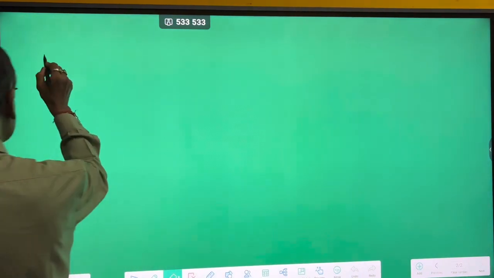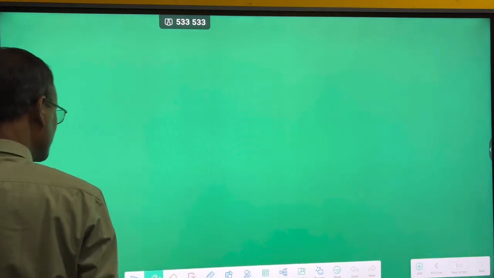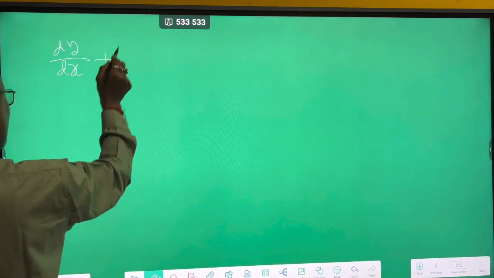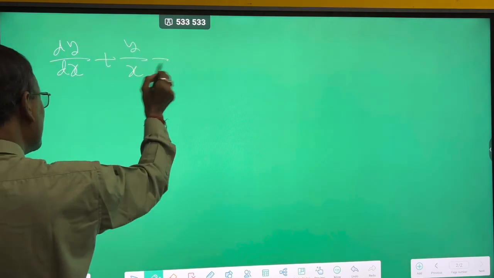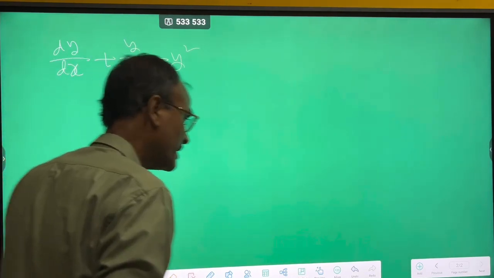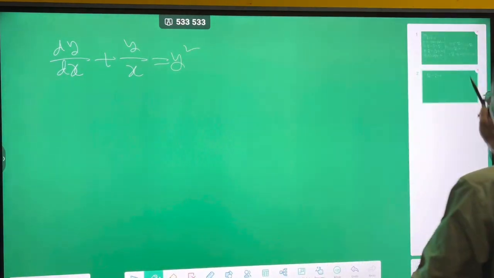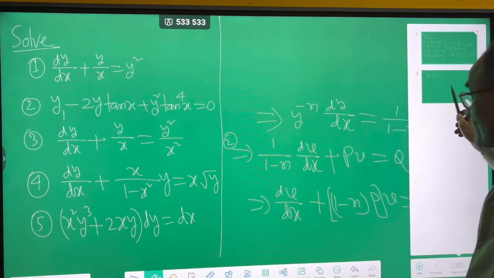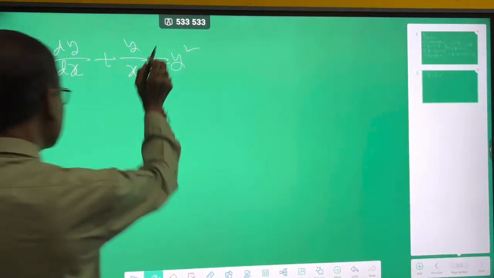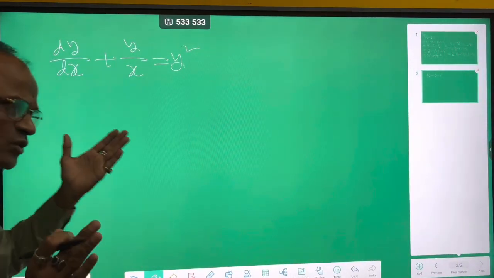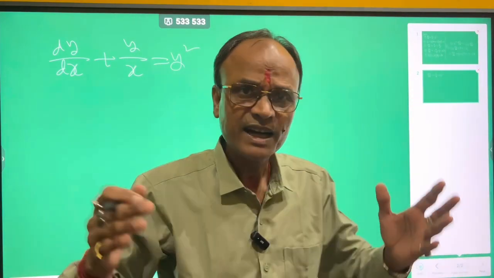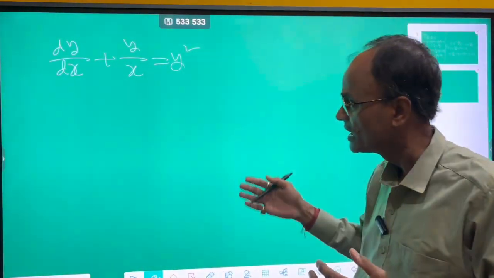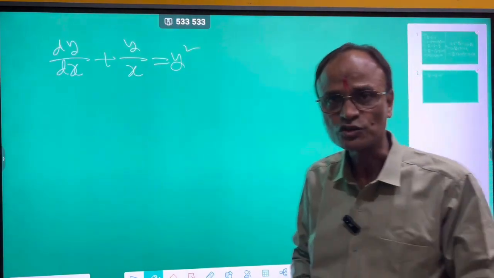dy by dx plus y by x equal to y square. This is a differential equation. Now you see, this is a Bernoulli's differential equation.